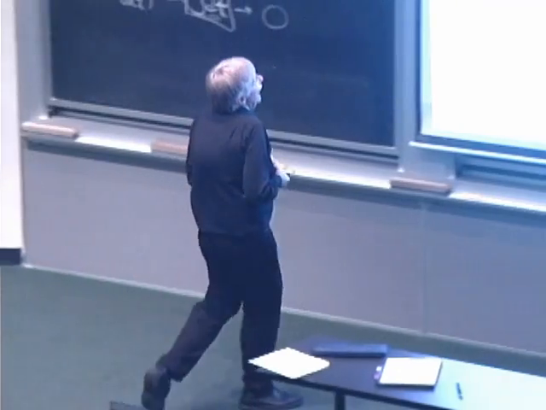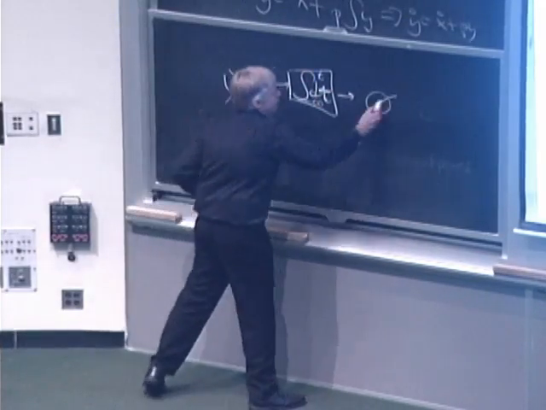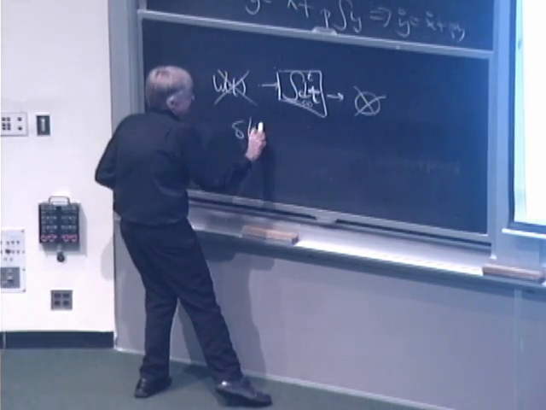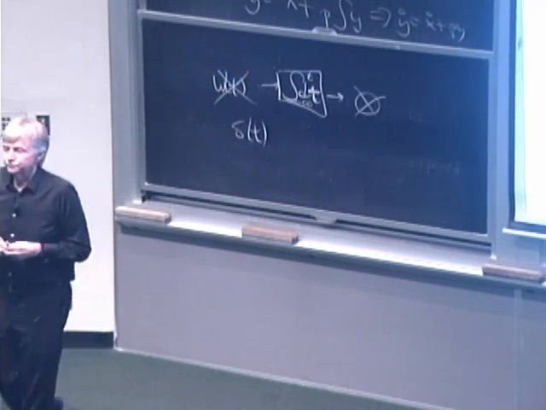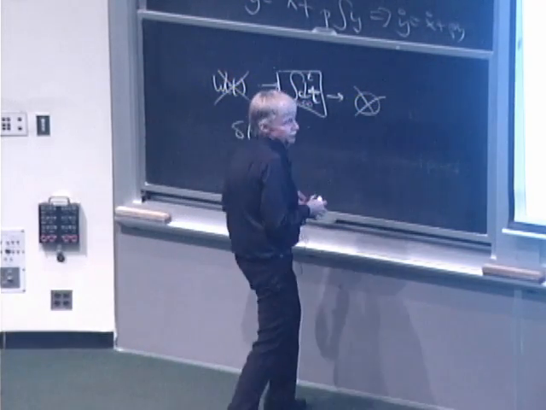Okay. So the first thing to think about is what happens if you put now, instead of W, let's put delta of t, the unit impulse function. What happens if you put the unit impulse function into an integrator?